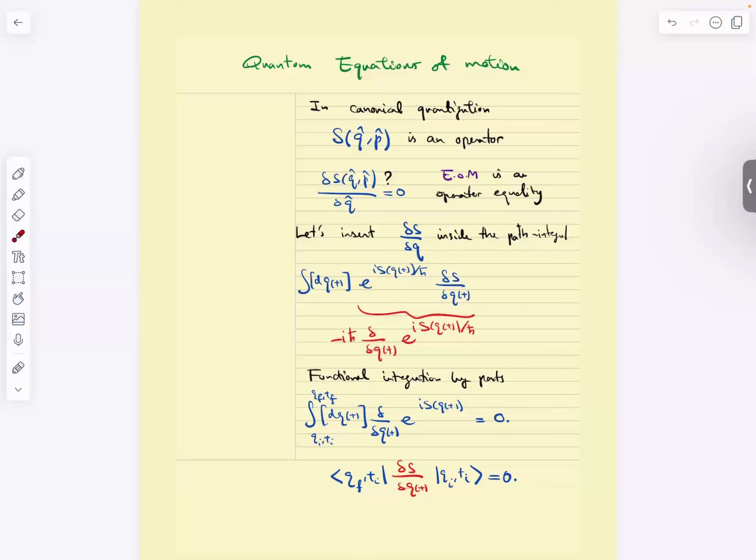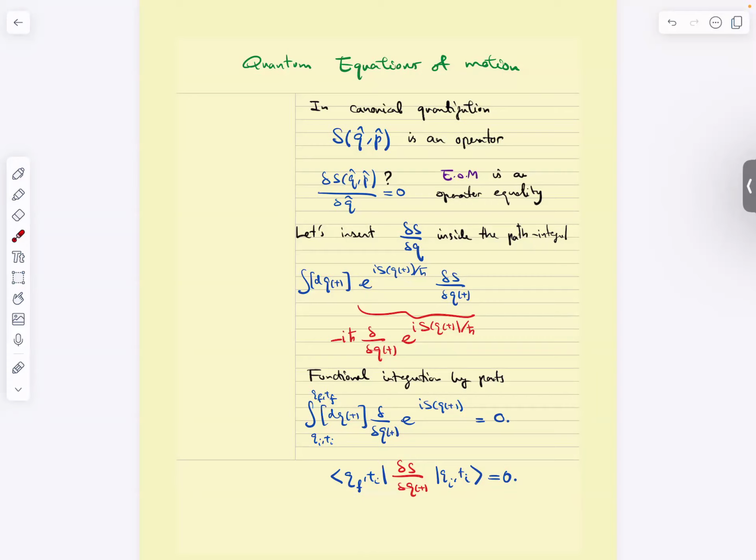So if I have a whole bunch of things here, it doesn't matter what, and I put a delta, del q of t, and then this is q_i, q_f, what is the value of this?